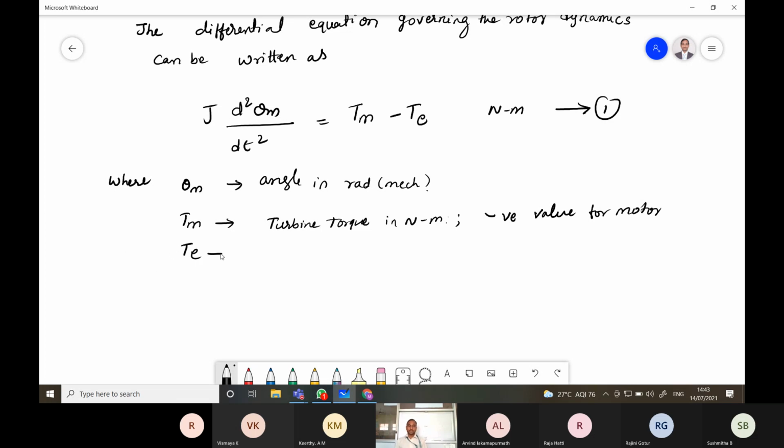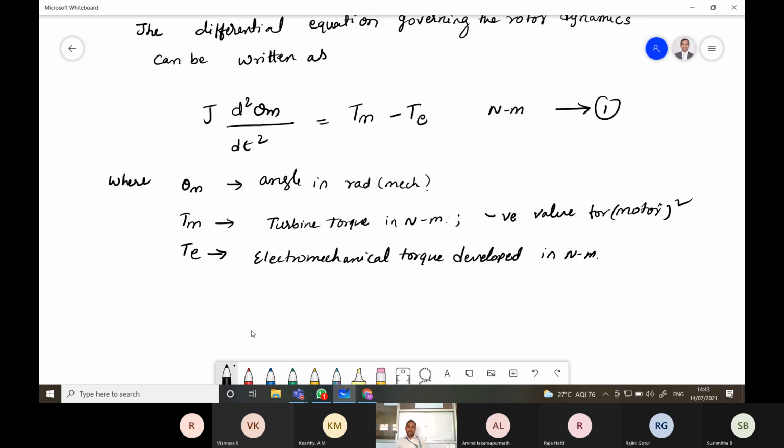T is the electrical torque, the electromechanical torque developed, also in Newton meter. Again a negative value for a motoring machine is the convention. Minus Tm or minus T represents a motor; plus is for a generator.